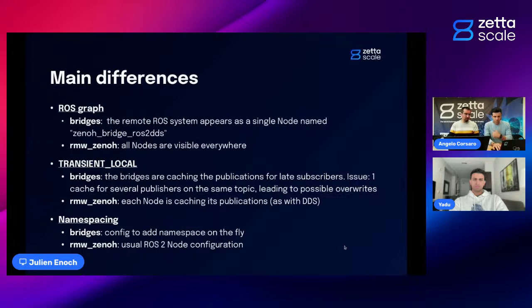The bridge hides the whole set of running nodes, and from the outside you can see only one bridge, which represents all the connectivity you have in your robot. With RMW Zenoh, you now have the full possibility to see the full connectivity of all your nodes. As we saw in the demonstration, you can just start RQT and get full visibility of all the nodes in your ROS system.